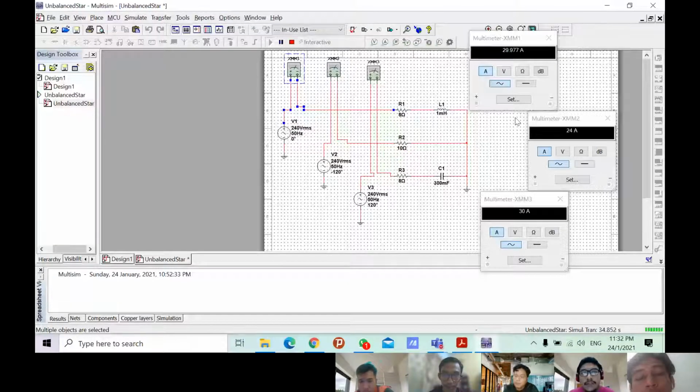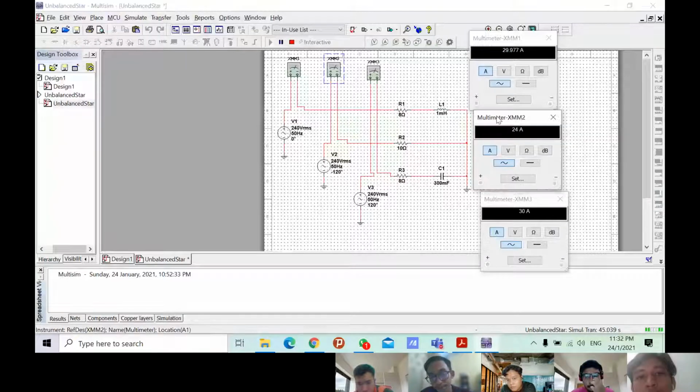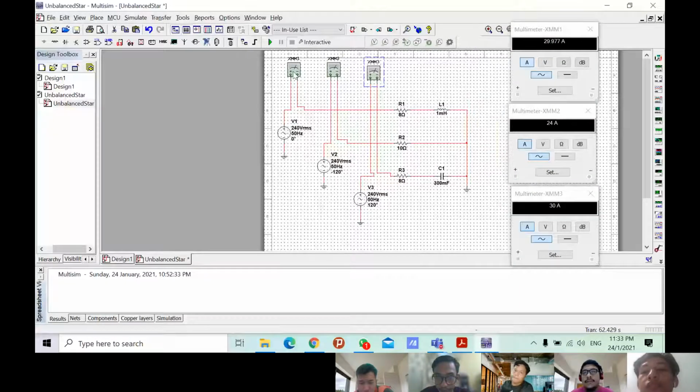For the line Y, multimeter 2, it got 24 ampere. And for line B, multimeter 3, it is about 30 ampere. This is for the current measurement.